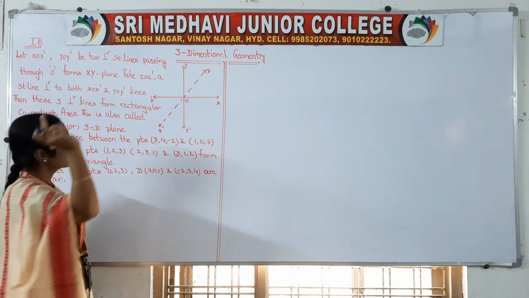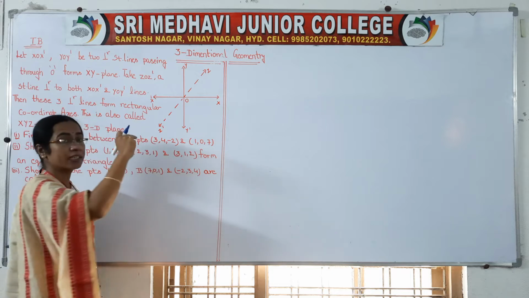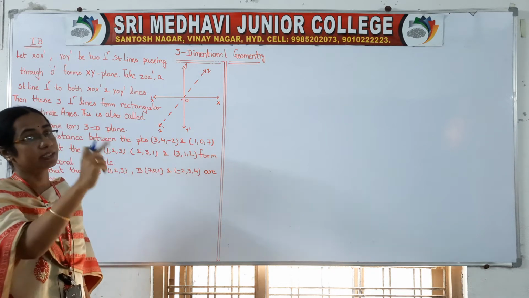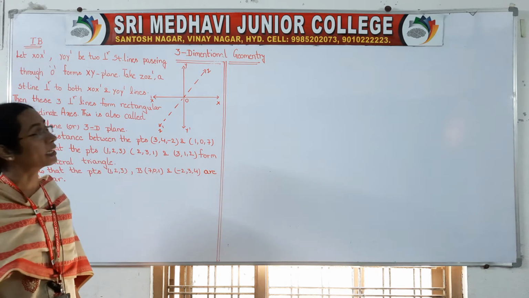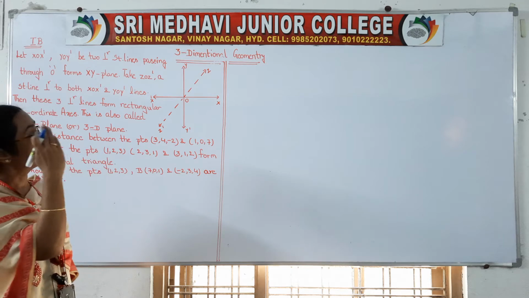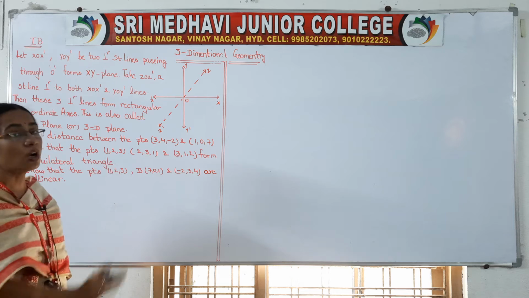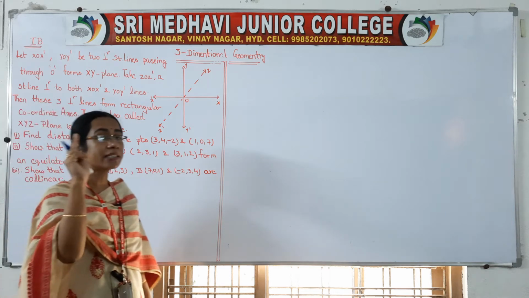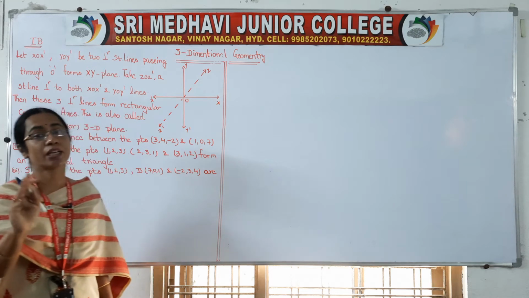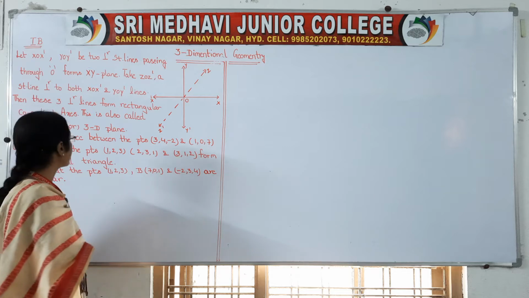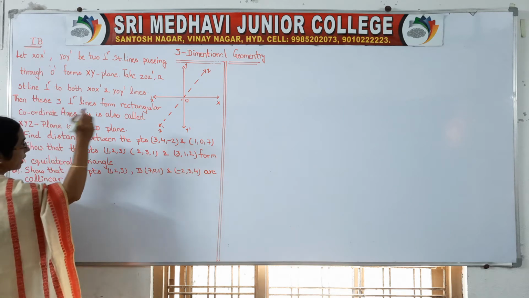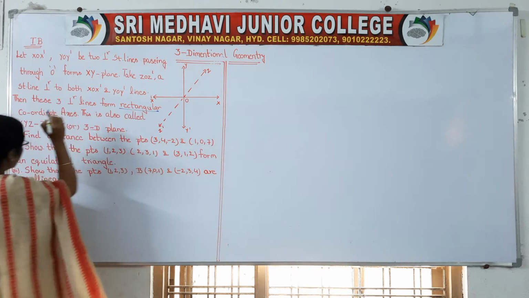Now if we take another axis, z dash, which is perpendicular to x as well as y and passes through the origin, then these three perpendicular lines form the rectangular coordinate axis.